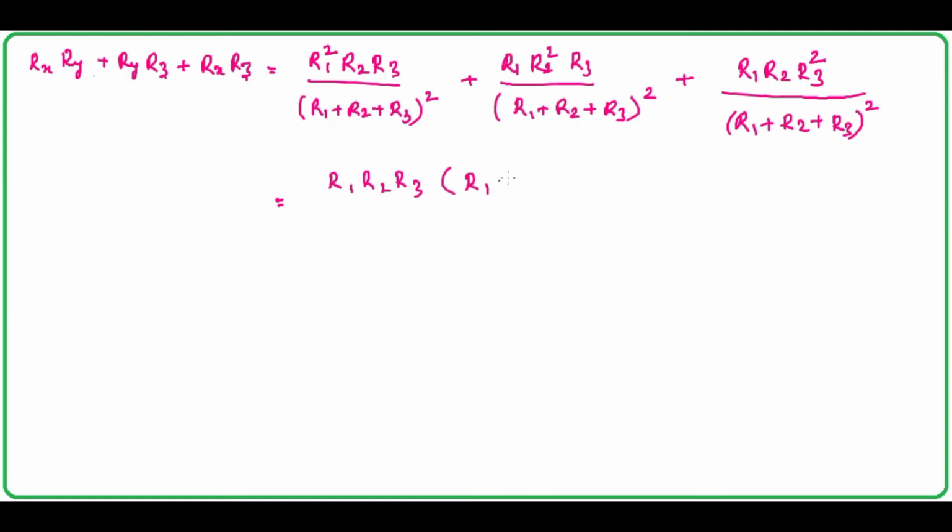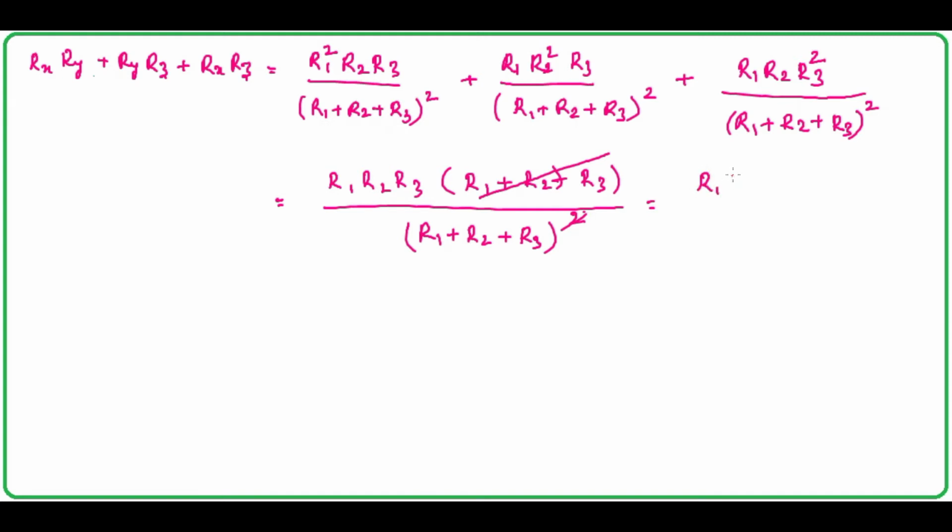So here R1 remains, here R2 remains, plus here R3 remains, divided by (R1 plus R2 plus R3) whole square. This and this will get cancelled. Finally it will be like this: R1 R2 R3 divided by R1 plus R2 plus R3, simply.